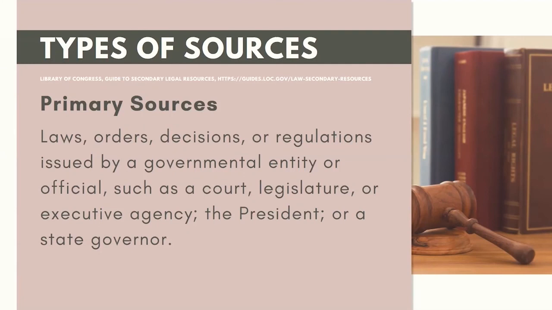Those primary sources are the actual laws, orders, decisions, or regulations issued by government entities or officials, such as a court, a legislature, an executive agency, the president, or a state governor.